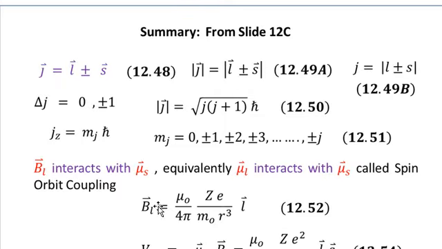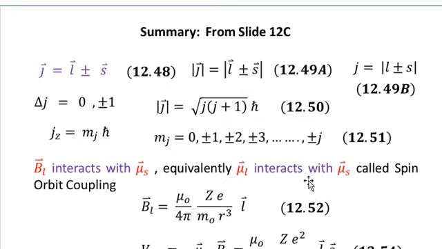So BL, the magnetic field created within the atom, is directly proportional to the orbital angular momentum L of the electron. So BL interacts with mu s, which is the spin magnetic moment.